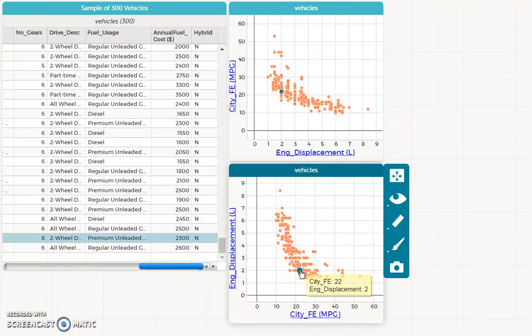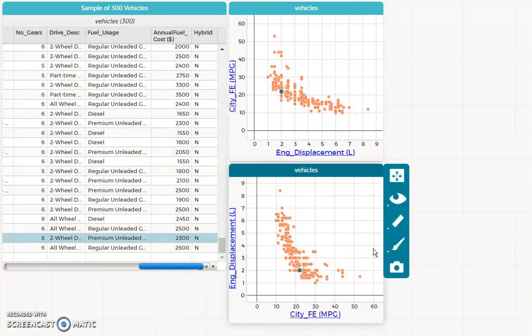It tells me I have, for this data point, a fuel economy of 22 miles per gallon, engine displacement 2 inches. And then it has highlighted the same point in this graph, which tells me the same thing. Engine displacement of 2 inches and a city fuel economy of 22 miles per gallon. So these two graphs are telling us the same information with the variables on the different axes.